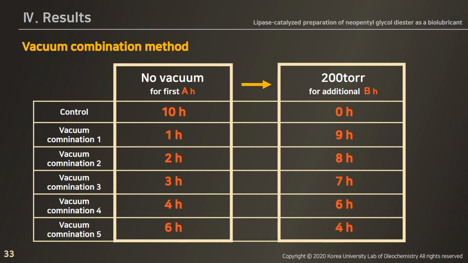The control protocol is a reaction at a constant vacuum of 200 torr for 10 hours, and in the combination protocols the reaction occurred at no vacuum for the first certain hours, followed by reaction at a vacuum of 200 torr for the additional hours. The total reaction time is 10 hours.